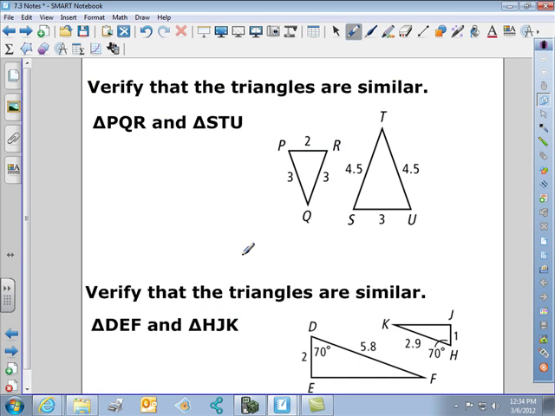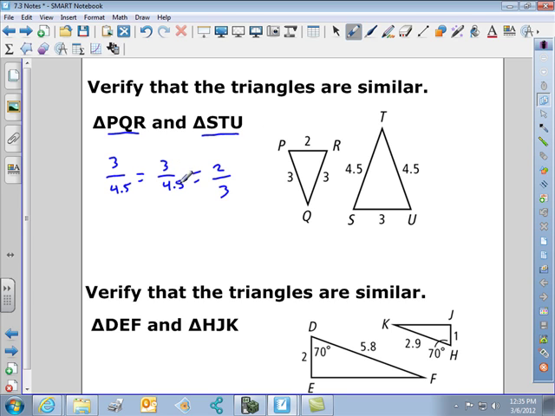So here we are to verify that these triangles are similar. Well, if we kind of match up some sides there, it looks like we have a 2 to 3 ratio. All right, if we're to go from PQR to STU, that means that side PQ, which has a measure of 3, is to ST, which has a side of 4.5, as QR, which is 3, is to TU, which is 4.5, as PR, and I'm just going to match up all these sides, 2, is to SU, which is 3.